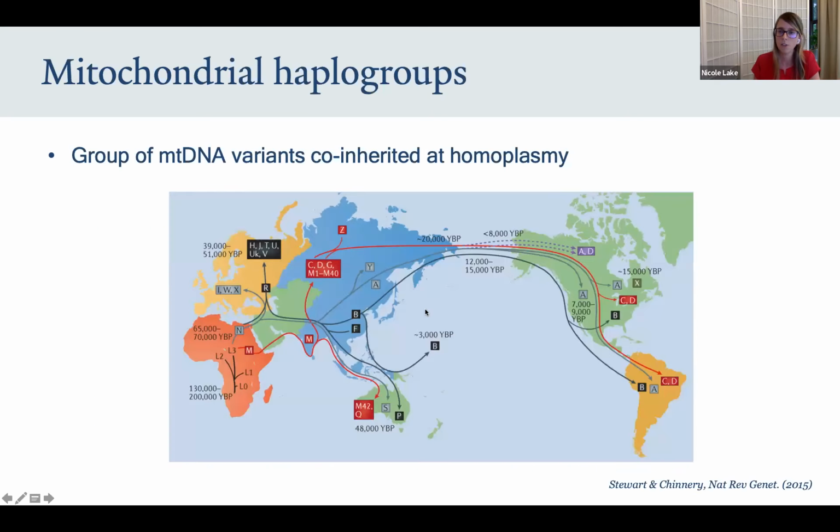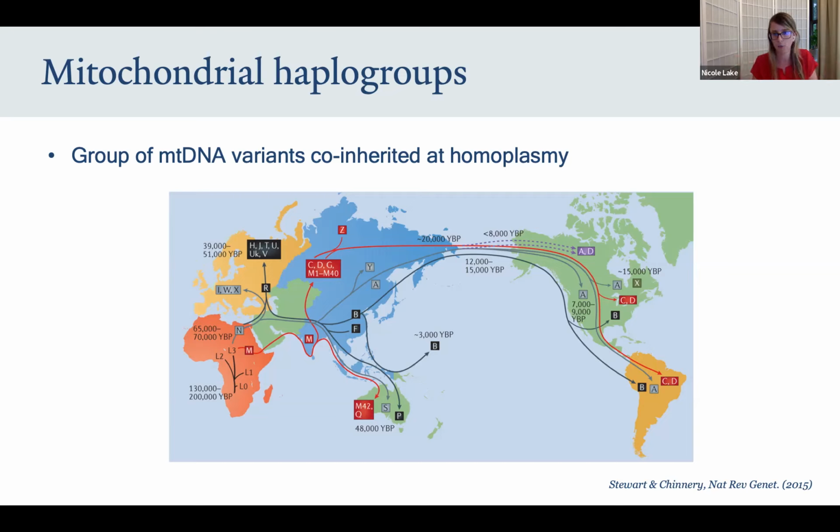Haplogroups are another consideration for mitochondrial analysis. These are groups of mitochondrial variants that are co-inherited, so they're passed down the maternal lineage over generations at homoplasmy. Approximately 30 different top-level haplogroups have been characterized, and everyone's mitochondrial genome can be assigned to one of them. These haplogroups follow a letter-based system, and they've traditionally been used for ancestry tracking.